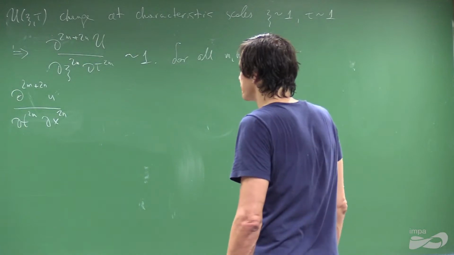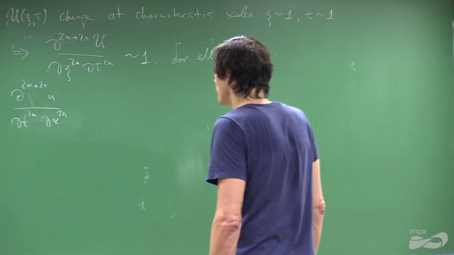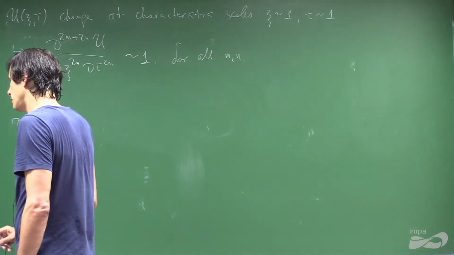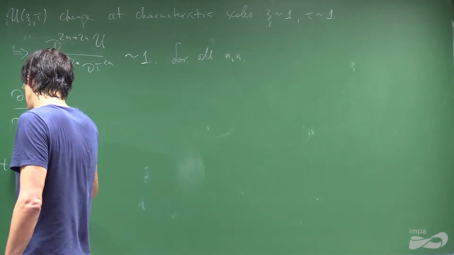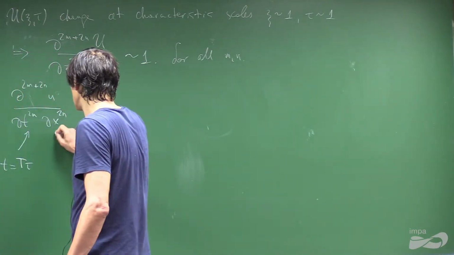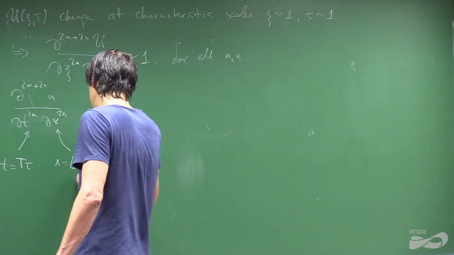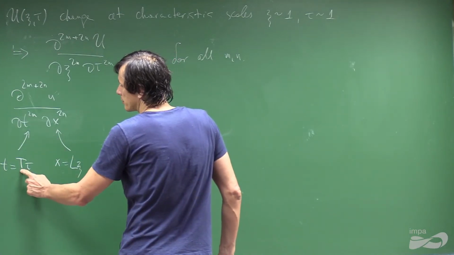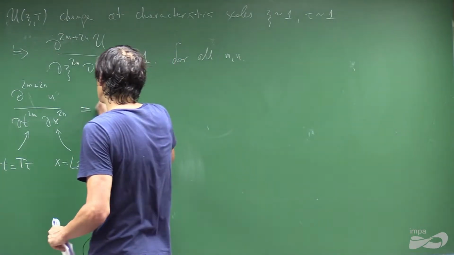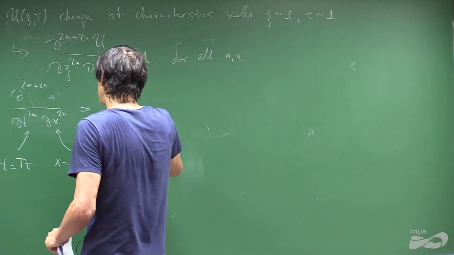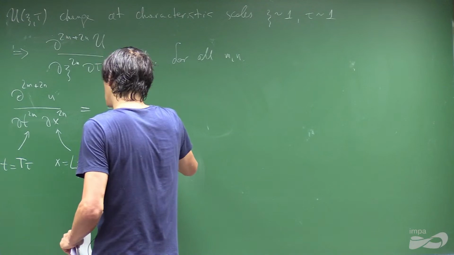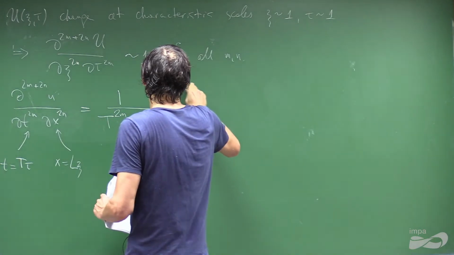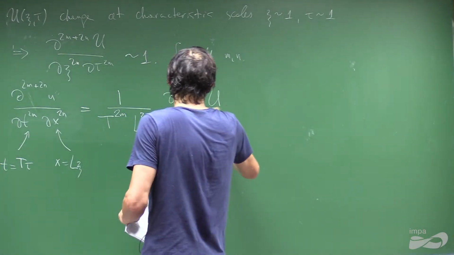Remember this u is the same as capital U, but time is T tau, and x is L xi. So each derivative with respect to time is the same as the derivative with respect to tau, but multiplied by 1 over capital T. So it will give you 1 over T to the m, L to the n, and then you can write the same derivative in new variables.